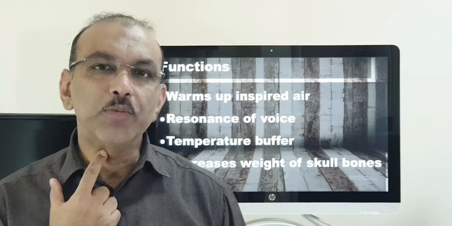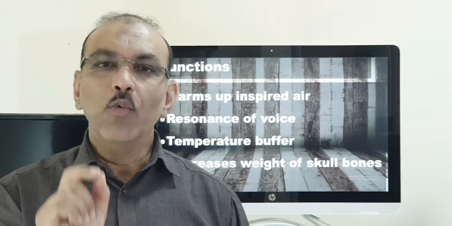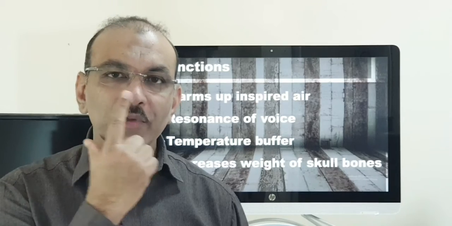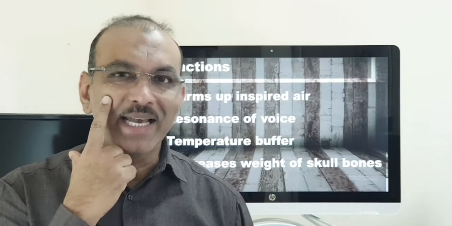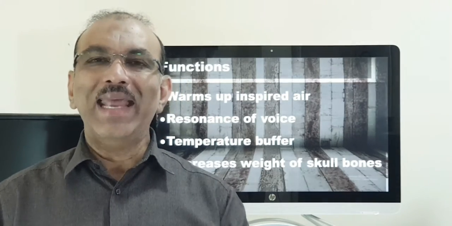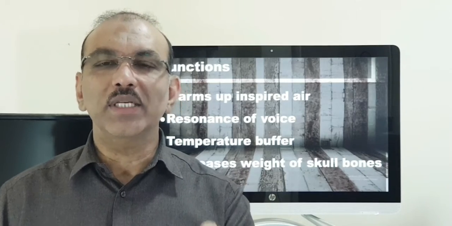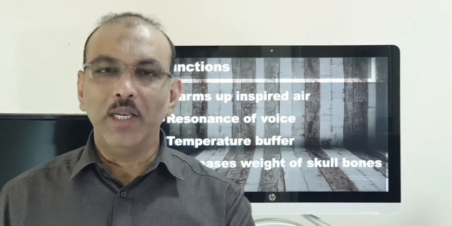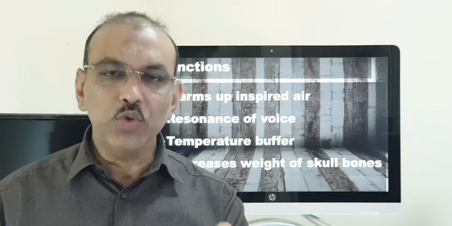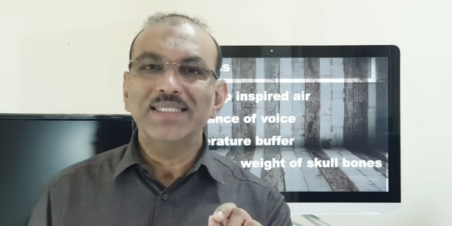After voice production, there are certain words or consonants which require normal functioning of the nose and the sinus for normal pronunciation. The words are M and N. If the sinus or the nose is blocked, these two words cannot be pronounced normally. So for normal pronunciation of these words, you need normal function of the nose and sinuses.